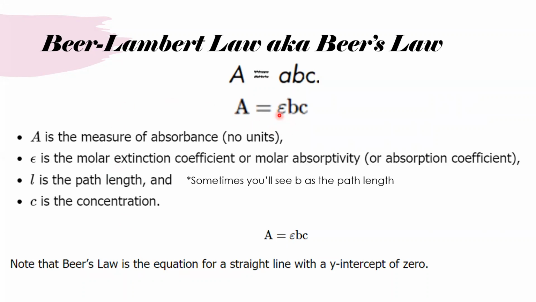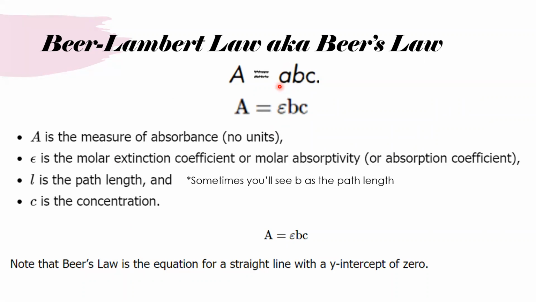It's kind of fuzzy here, sorry. I think in your lab manual it's symbolized by just the lowercase letter a. This molar extinction coefficient is given as a constant and it varies for each molecule. It is a measure of how strongly a chemical species or substance absorbs light at a particular wavelength.